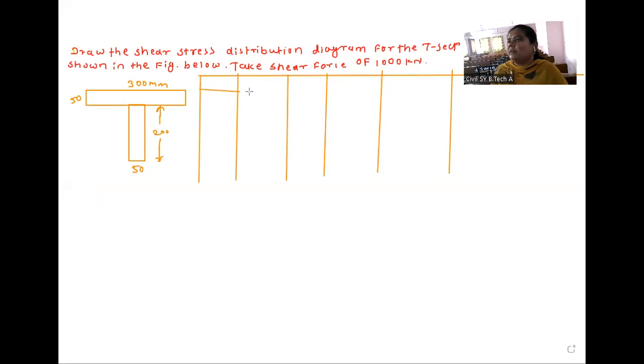Okay, so first we will divide this T section into two sections. Suppose this is our first and this is our second section. So this is section, this is area for that particular section, yi, then ai yi, then ai yi square, and the last one is the I self.